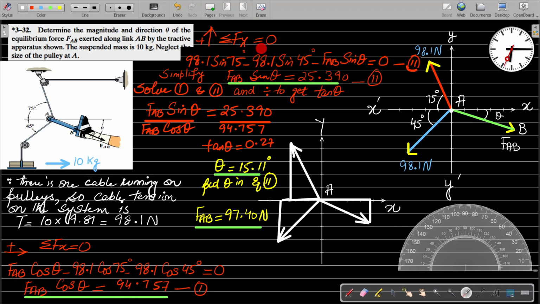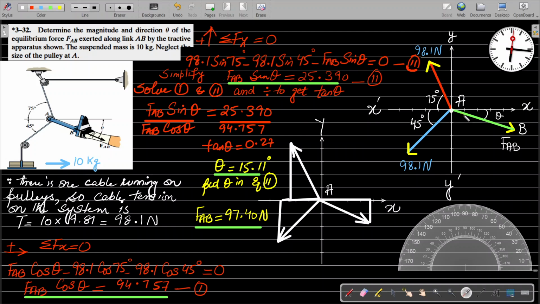Now we sum forces along the y-axis. One of the components will be this vertical component, which is 98.1 sine 75 along the positive y. The other component will be 98.1 sine 45, which is this component, but it is acting along the negative y, so it has a negative sign.